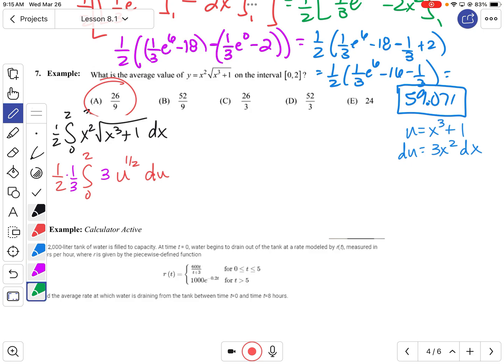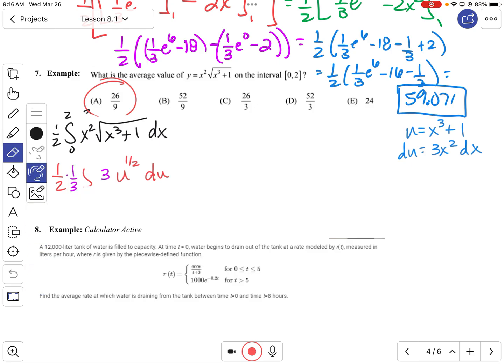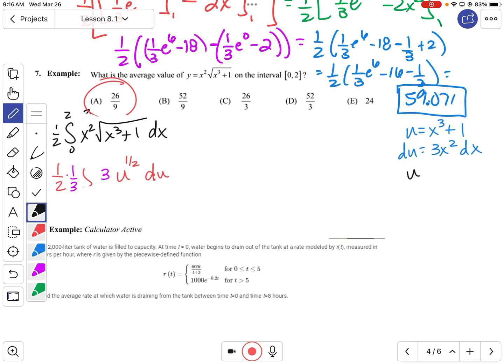Now, when we do u substitution, there's this trick that we can change the boundaries. Do you remember that? When I do u substitution, I can change the boundaries and I never have to put u back in. I plug in 0 for x, so 0 cubed plus 1 gives me 1, so my bottom boundary becomes 1.